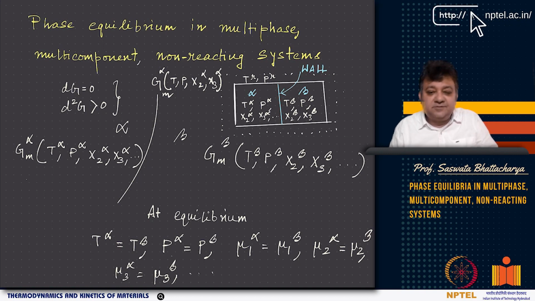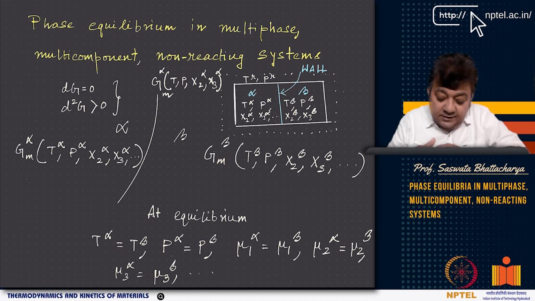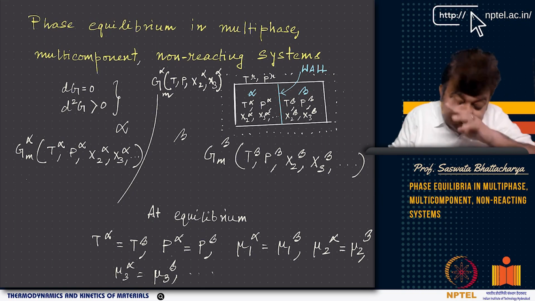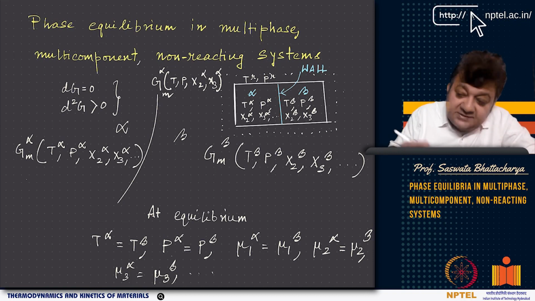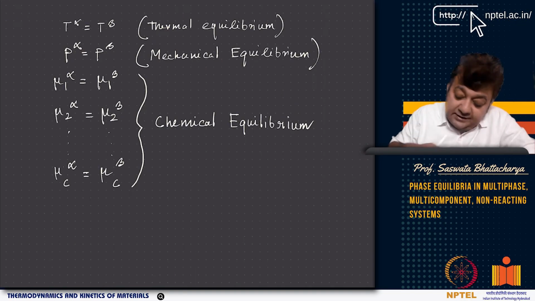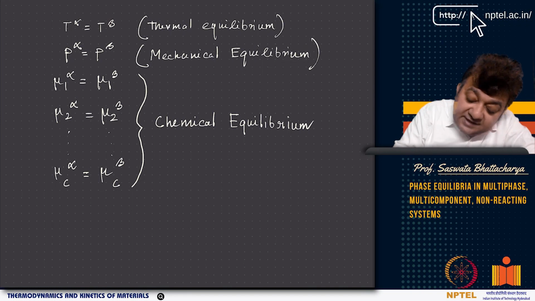So we are looking at temperature, pressure, and also the mole numbers of different components, right? So basically, we are looking at this condition where dG equals 0 and d2G greater than 0. In this case, the overall system is in contact with the temperature and pressure reservoir, or thermal and mechanical reservoir, right? So the idea is the same, and we are looking at the same equilibrium.